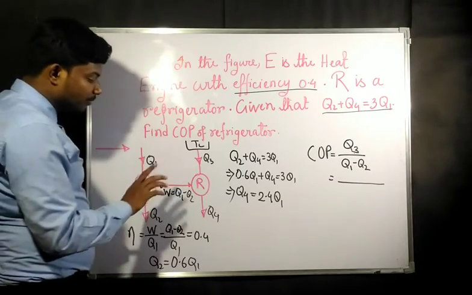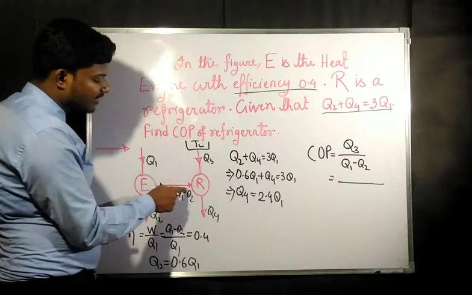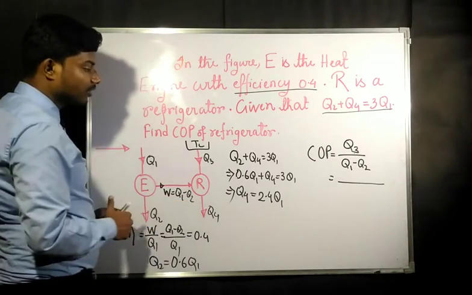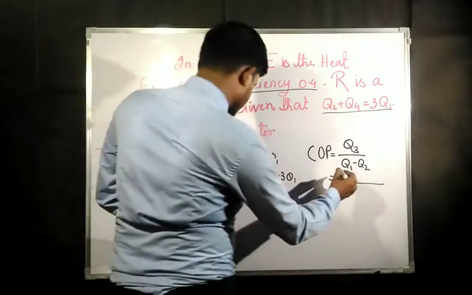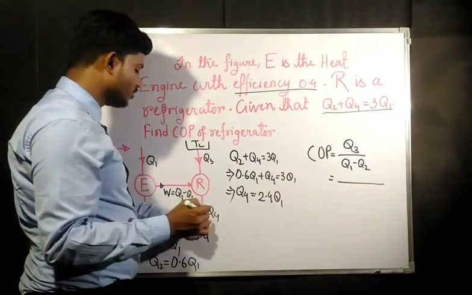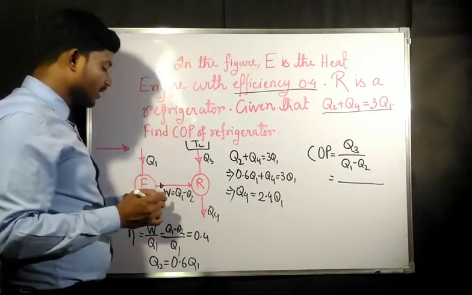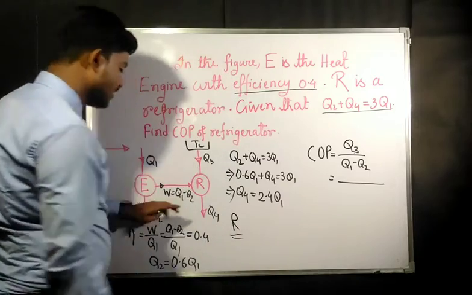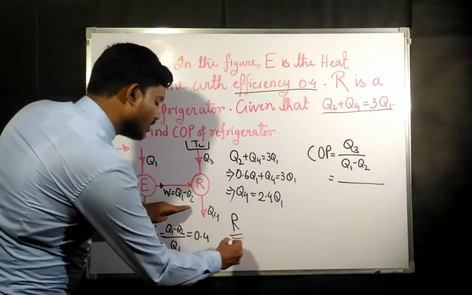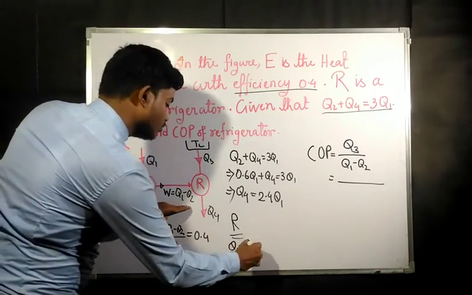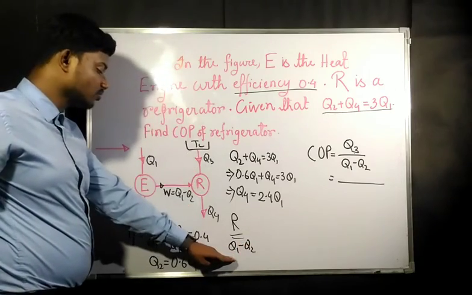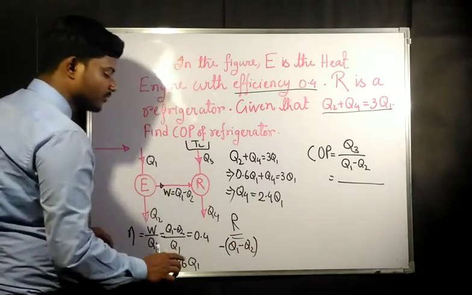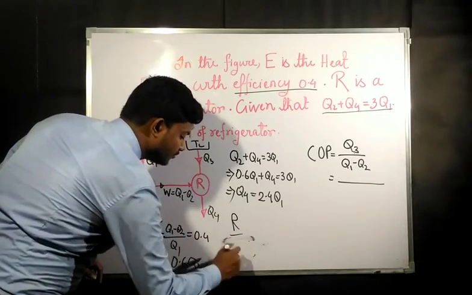So this thing and this thing will combine to form this one, Q3 and W. For refrigeration, you can write total work interaction as Q1 minus Q2, or W. This is the work interaction, but this would be negative, or you can write it as minus W.